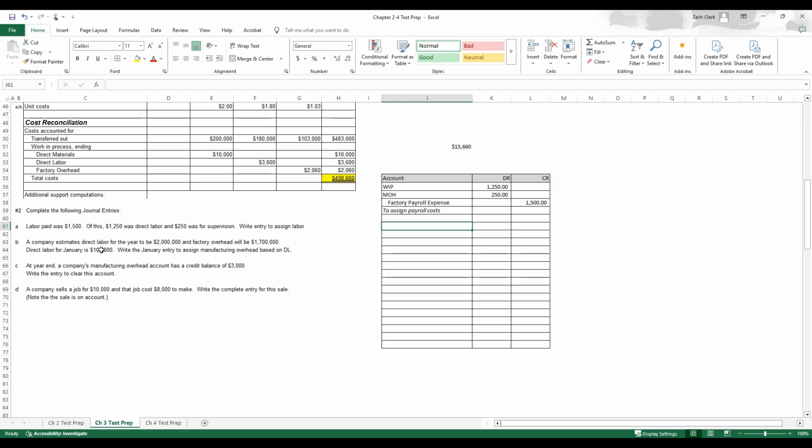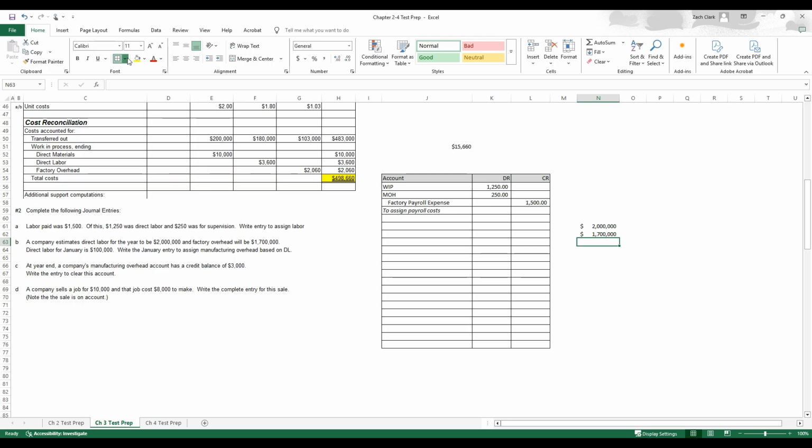B says a company estimates direct labor for the year to be $2 million and factory overhead to be 1.7. Okay, so it's telling us first we need to figure out our predetermined overhead rate. Remember, this is not the activity-based costing version.